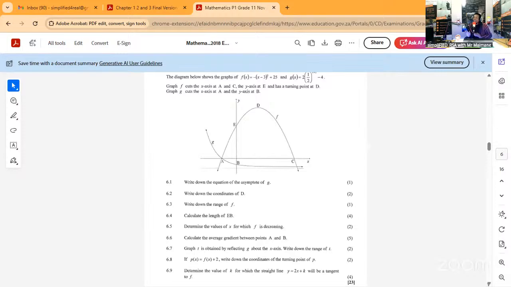Can we imagine how the graph is going to look for T?